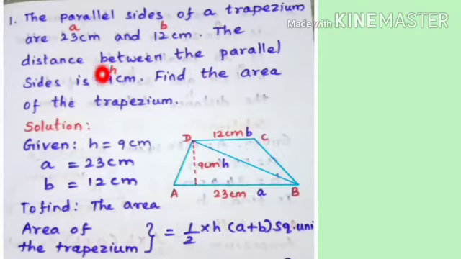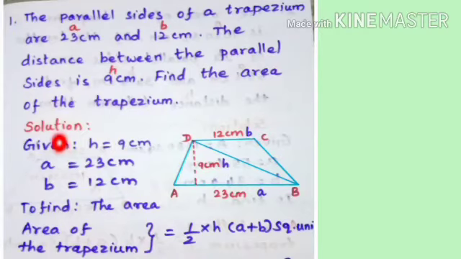And the distance between the parallel sides is the same as the height of the trapezium, which is given as 9 centimeter. So now the values of a, b, h are given. Now we have to find the area of the trapezium.